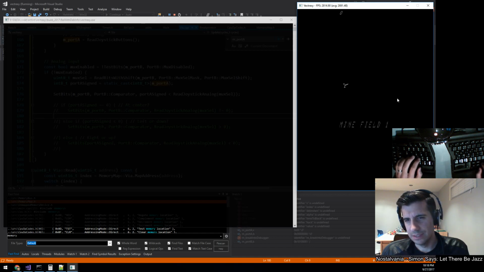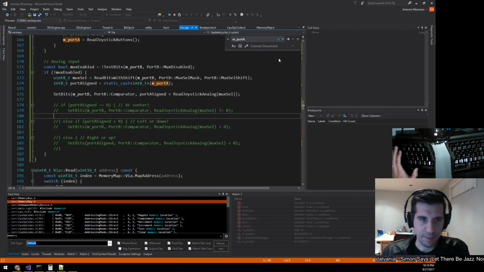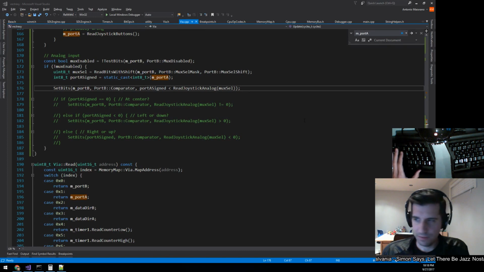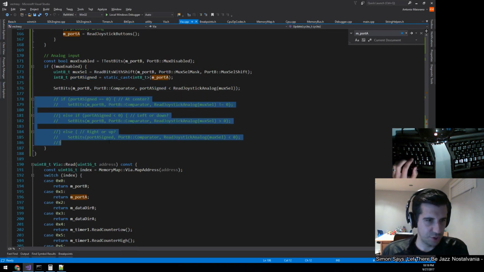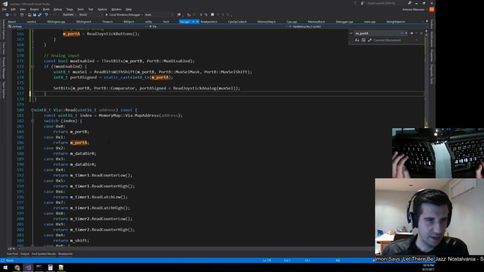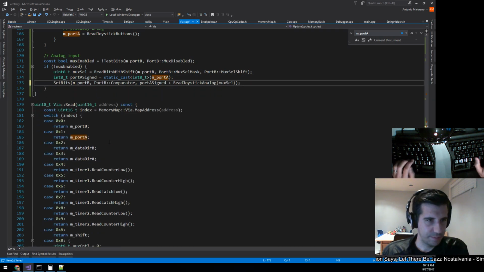Yeesh. But that's interesting, right? Basically, what we just read from the guy's doc kind of cleared up what we were doing here. The comparator bit is supposed to compare that value that we write to port A with the analog value that we read from the joystick. So that kind of answers that part.